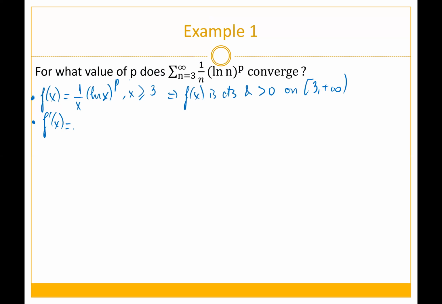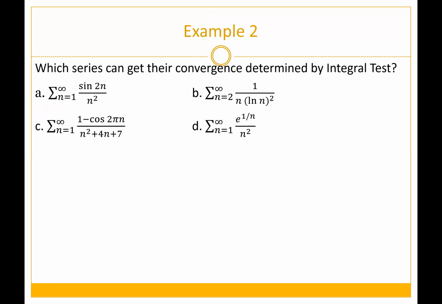So this one, I will start with p equal to -2. You have 1 over x (ln x)^2, take the derivative of that.